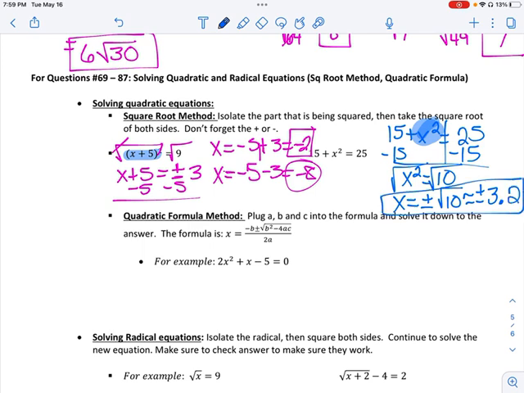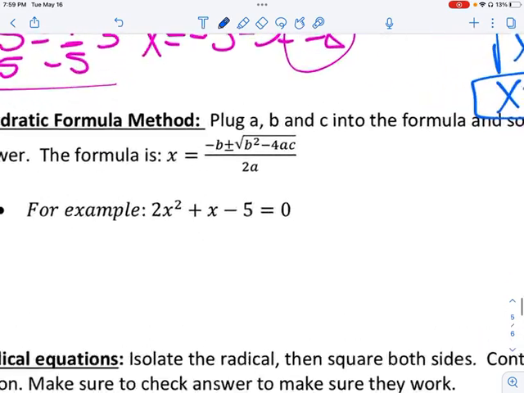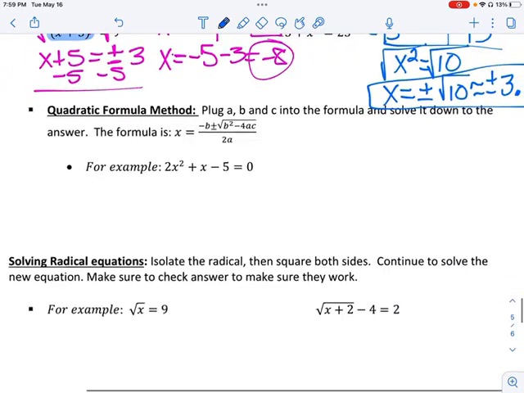And you have to read the question, make sure you understand, is it asking for the radical or for the decimal? Okay, the other way that we can solve a quadratic equation is by using that quadratic formula. I've listed the formula right here, x equals negative b. Remember, we got that song if you want to sing it. X equals negative b plus or minus the square root, b squared minus 4ac, all over 2a.